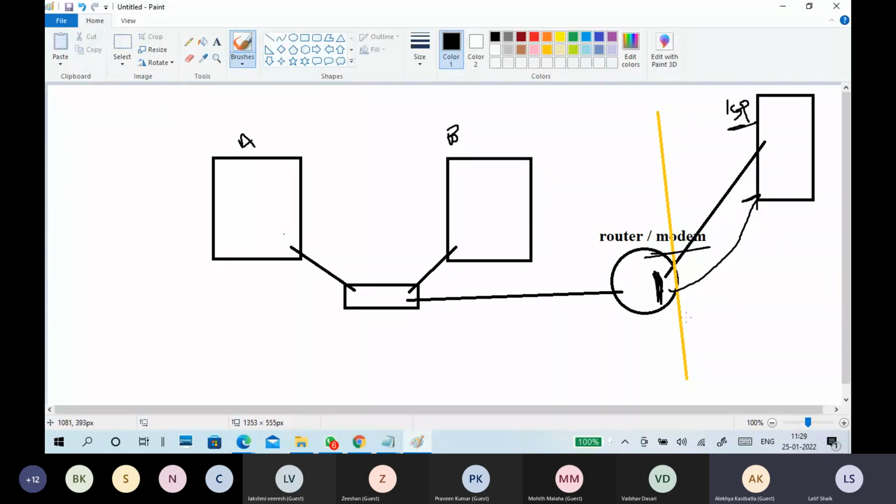So the modem makes a connection between this device and the ISP provider. Now we got the internet. Again, we have to put one more separator here. The internet is up to this point only, not internally. This makes a connection, and now the internet is working.